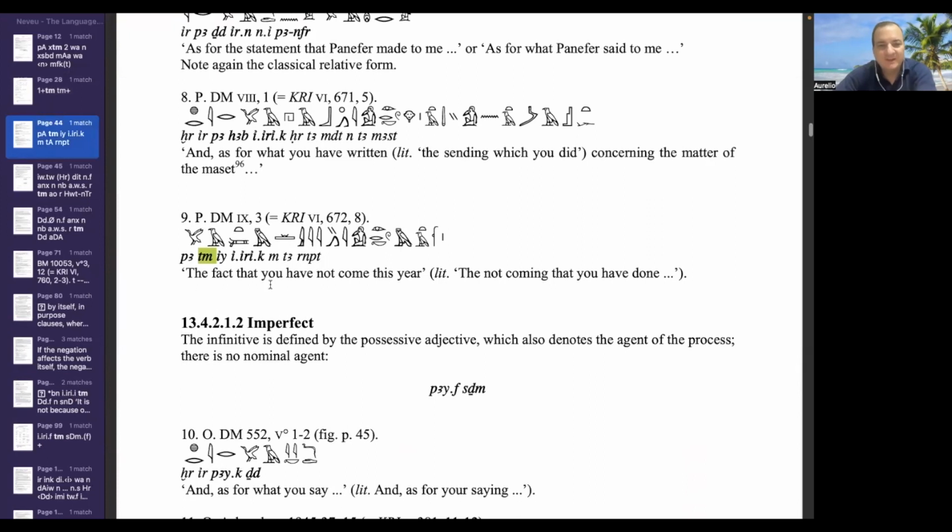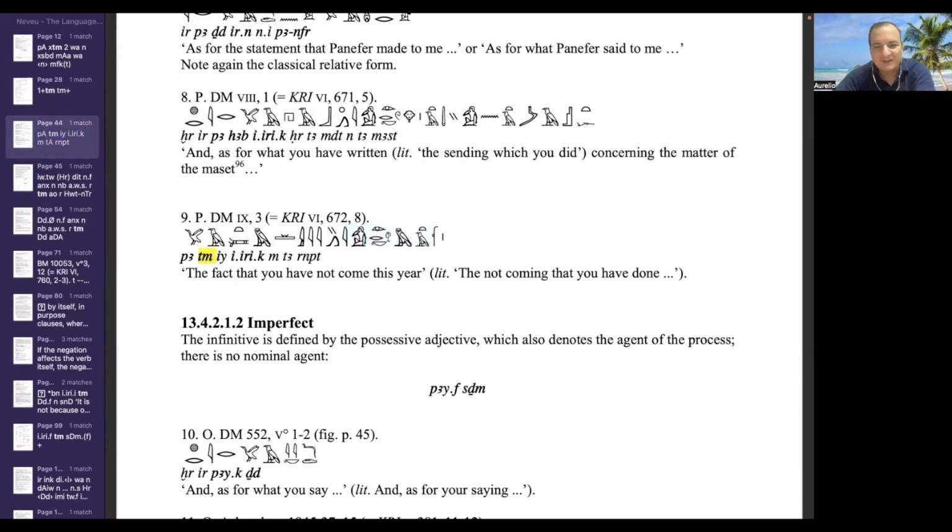So, for example, paterm irek tarempet. Let's break that down. We don't know what the term is yet. So basically coming, and then we have this thing here, irek.